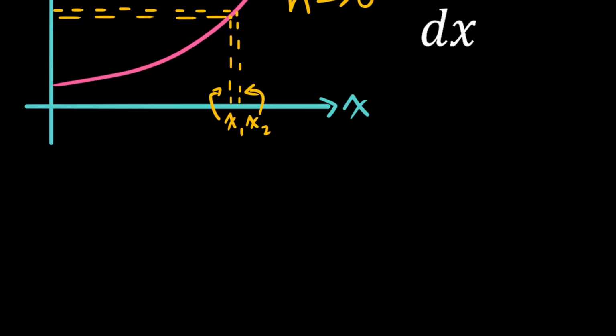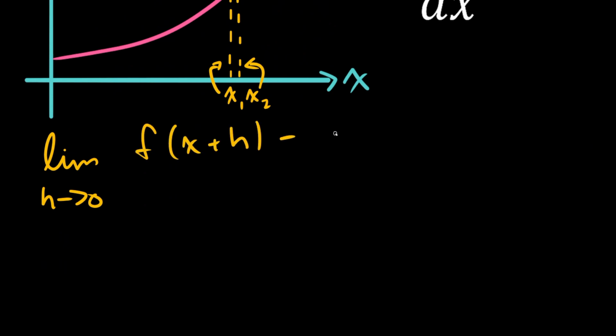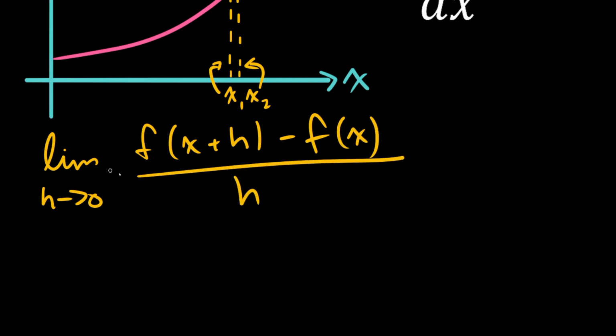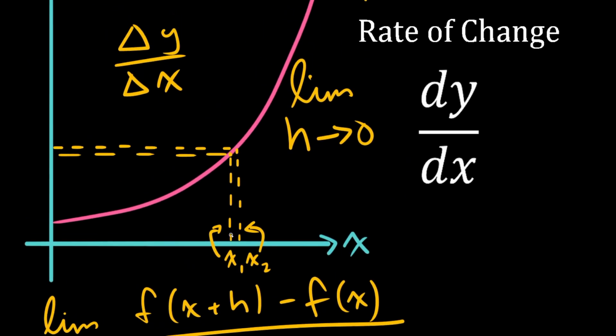So as for where they get this lengthy looking beast of a formula, f of x plus h minus f of x all divided by h, where all the h's are approaching 0, the way they obtain this is they look at this infinitesimal difference.